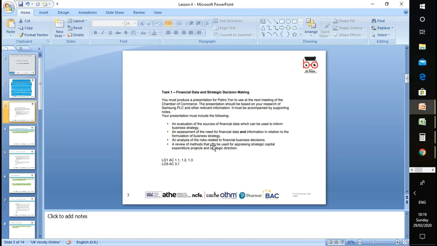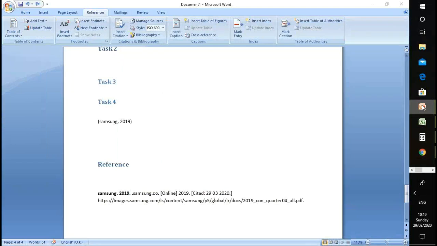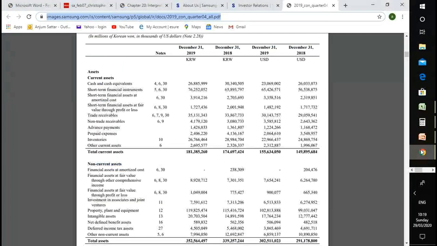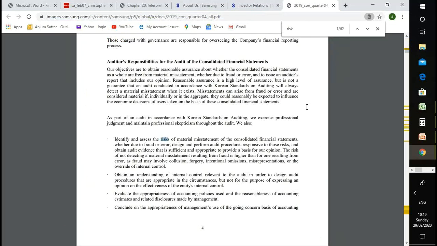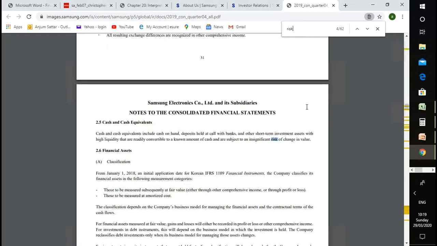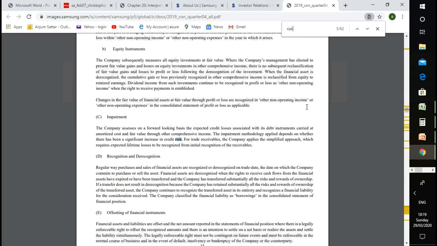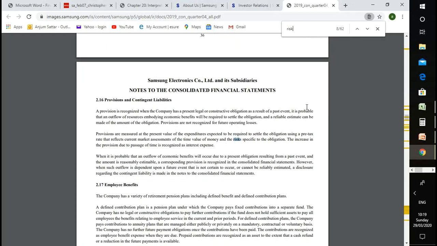And the analysis of the risk. Even in the auditor's report, if you read the financial statements, initially all the risks are given. If we go back to our report and press Control F and type just risk, a lot of risks come up, such as identify and assess the material misstatement. Wherever the word risk is used, you can pick many risks from there.